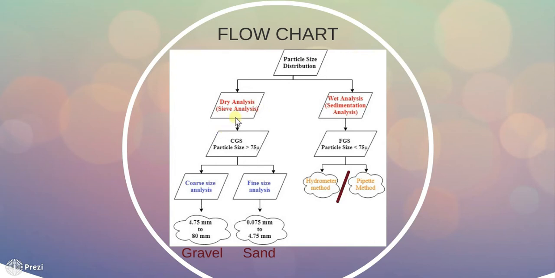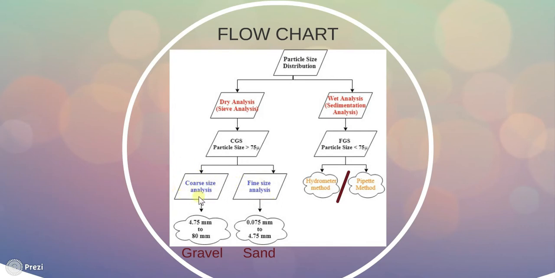Sieve analysis is meant for CGS, coarse grained soil, or we can say particle size greater than 75 micron. Moreover, CGS is divided in two types: coarse size sieve analysis and fine size sieve analysis.